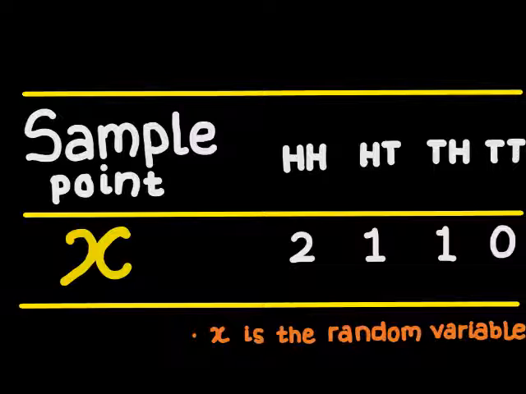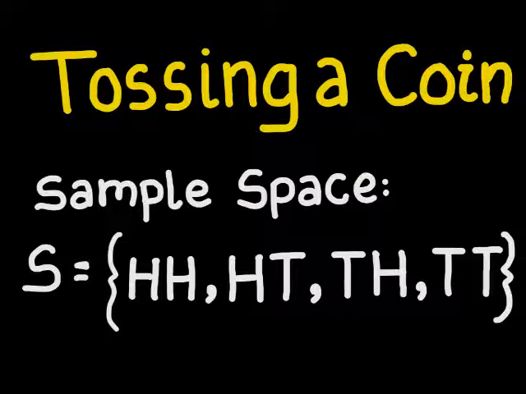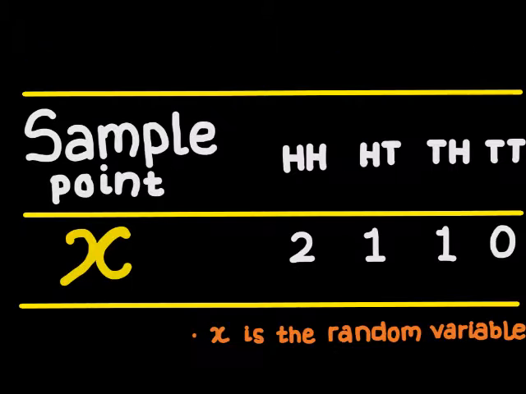For the outcome HH, number 2 is assigned in the table. For HT, number 1 is assigned. For TH, 1 is also assigned. For TT, 0. So in this table one can see that all the outcomes of the experiment of the throw of the coin have been shown.